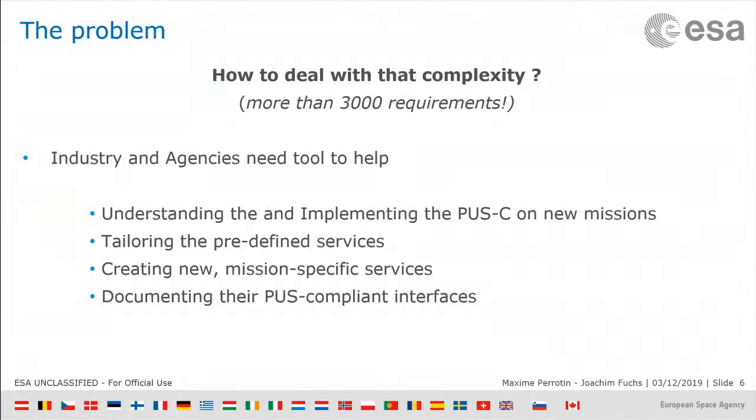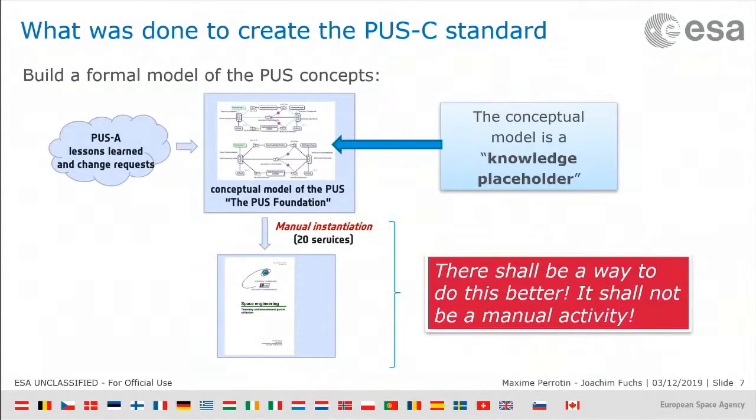Because what has happened for the standard as it stands today, so 2016, is we had this PUS foundation model. This is a formal model. The methodology used for that was the ORM, Object Role Modeling. And then it was a manual instantiation of the 20 services to produce at least parts of the system specification and the interface specification.